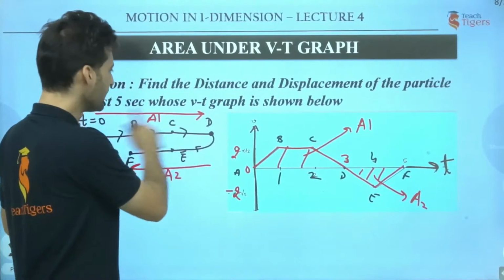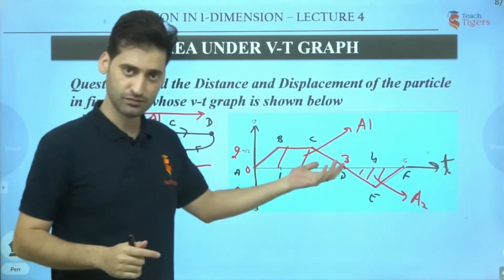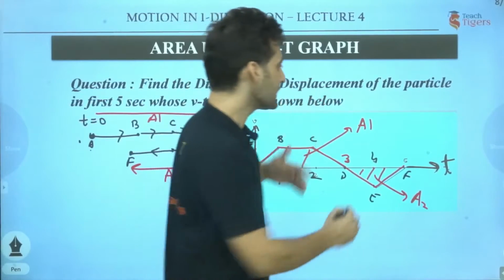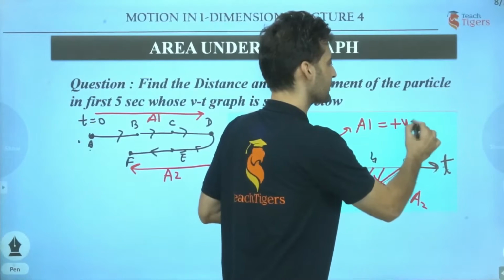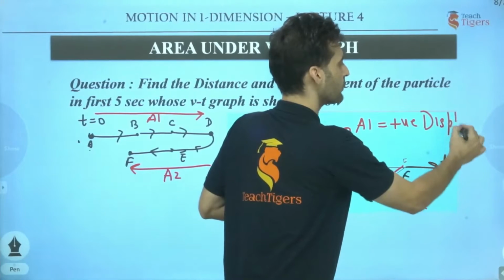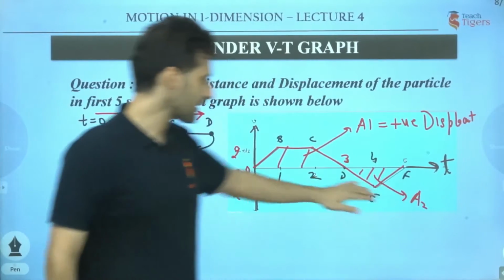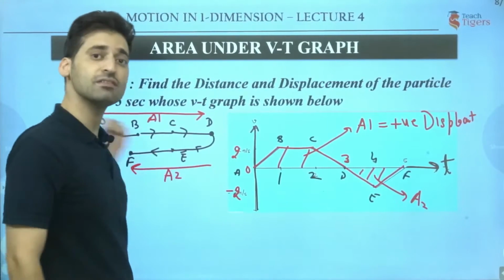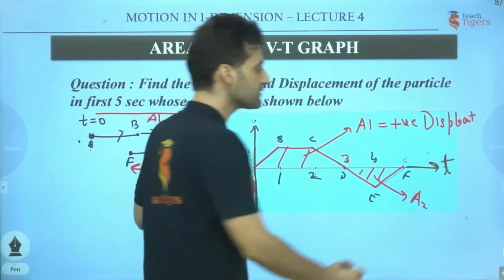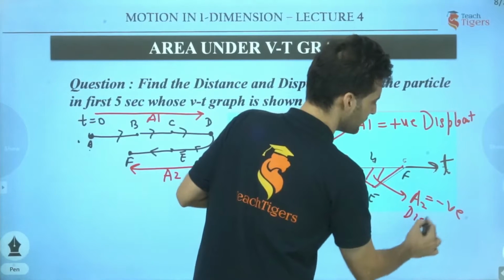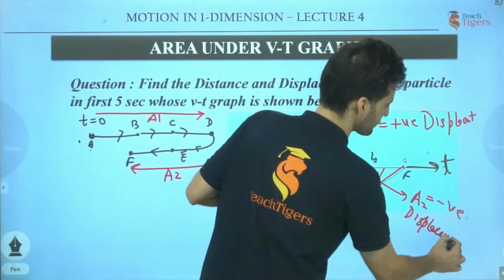But you understand one thing. A1, the displacement from A to D, is positive. So I can say the area which lies above the time axis will give me positive displacement. And the area that lies below the time axis, you see, it is giving me negative displacement.